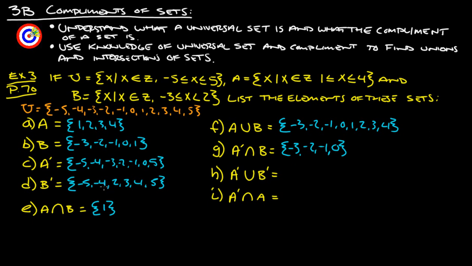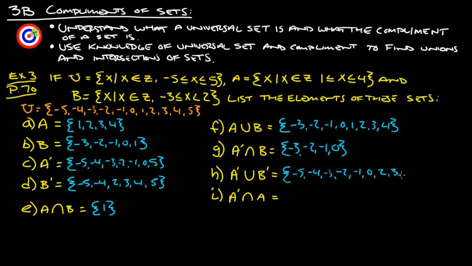Alright, now the union of A prime and B prime, or the complement of A and the complement of B. If it ends up in either one of these sets, we list it out. So we've got -5 all the way up to 0. Let's write those down: -5, -4, -3, -2, -1, 0.